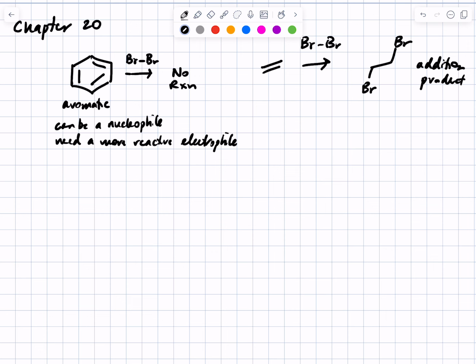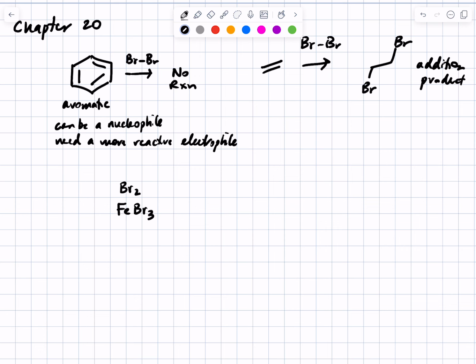Remember that a Lewis acid is simply an atom that has an empty orbital that can accept electrons into it. So an example of that would be to take bromine and the Lewis acid iron tribromide.